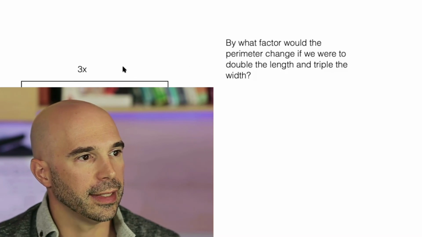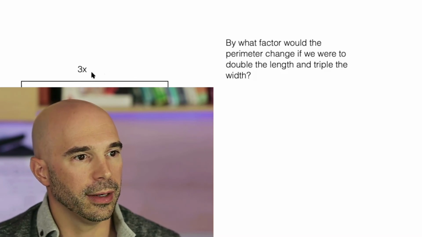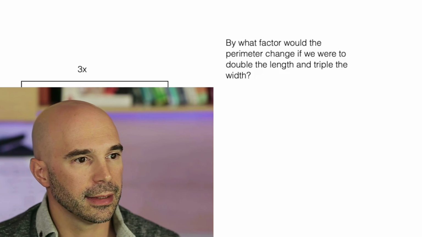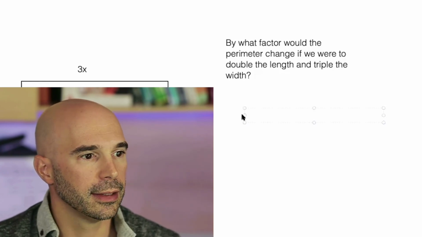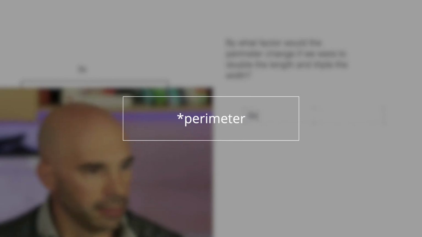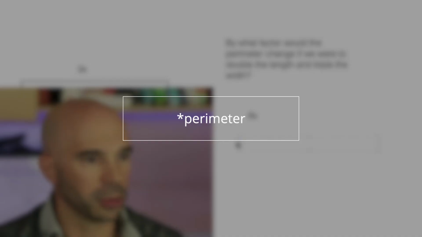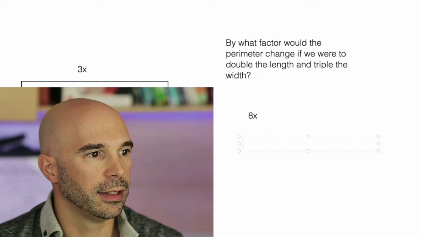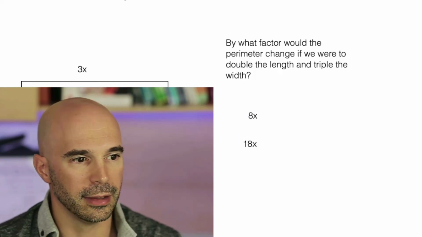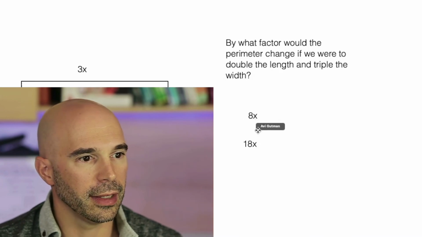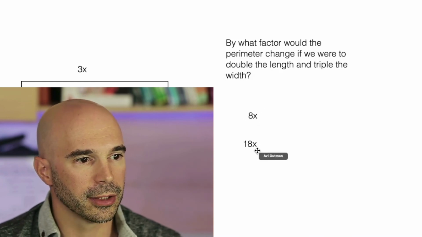And what we would say is, well, the length would become 6x, the width would become 3x. So instead of a perimeter of 8x, that's the original perimeter, instead of 8x, we'd have 18x, if I didn't make any mistakes. Can we tell the factor by which the perimeter has changed?